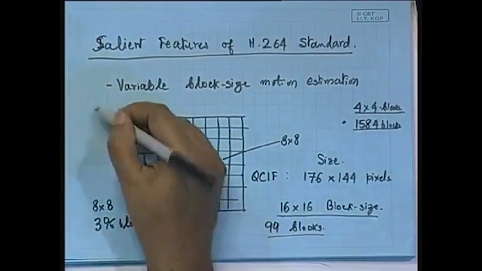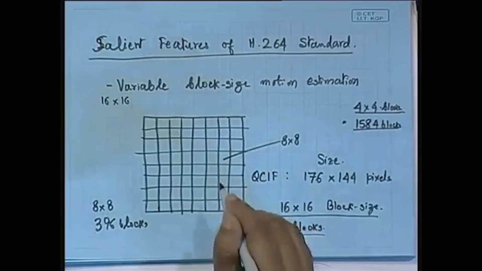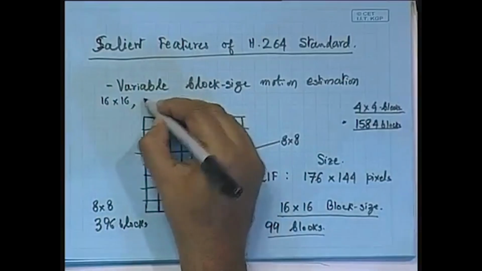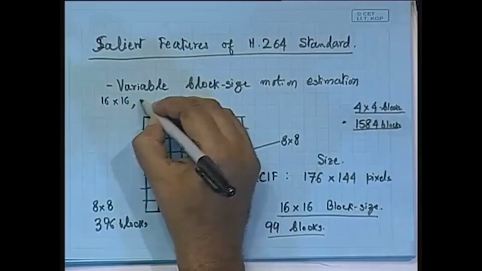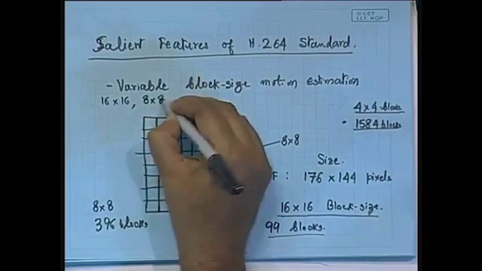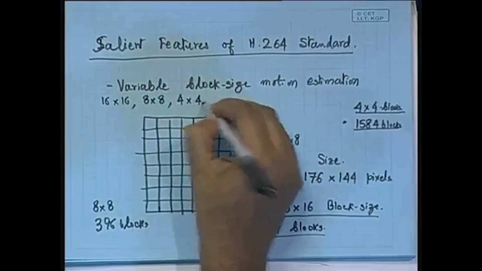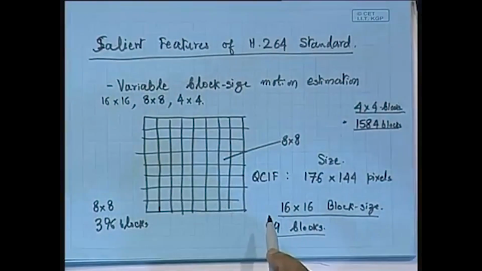Wherever a block corresponds to the boundary of an object, it makes more sense to subdivide that block into further sub blocks. That is the advantage one gets from variable block size motion estimation: for some parts you can keep 16 by 16 block size, for some parts of the image you can subdivide the 16 by 16 blocks into 8 by 8, and for some parts you can subdivide into 4 by 4; this 8 by 8 could be subpartitioned into 4 by 4.